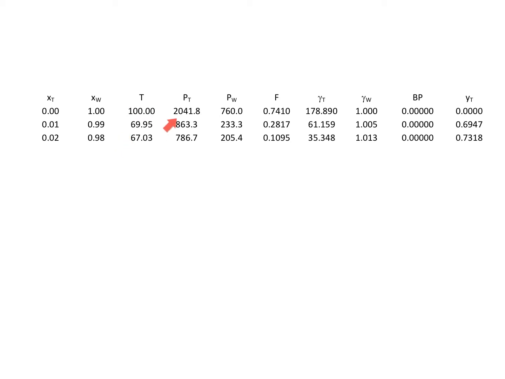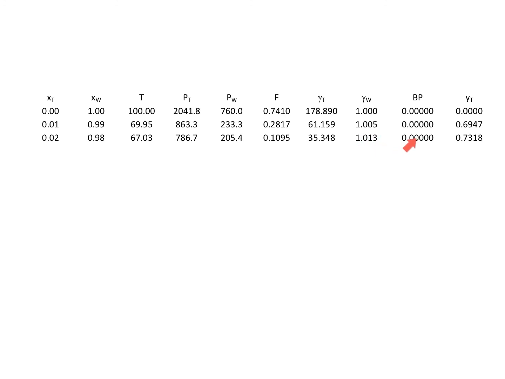Then, based on that guessed temperature, I calculate the vapor pressure of THF and water. And then I calculate that common term that I called phi. Here I just put an F there. This is based on the lambda values that I calculated, and then also these compositions. And then from that, I use the Wilson equation to calculate the gamma, the activity coefficients.